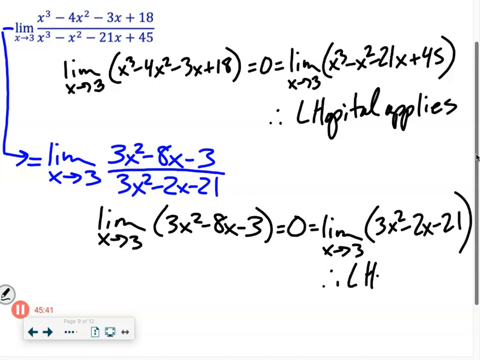Therefore, L'Hopital applies again. You have to rewrite it. Get used to it. It'll be okay. There won't be like 50 of these on the test, but there will be at least 2 of them.